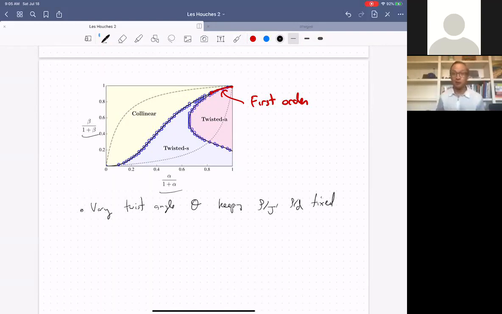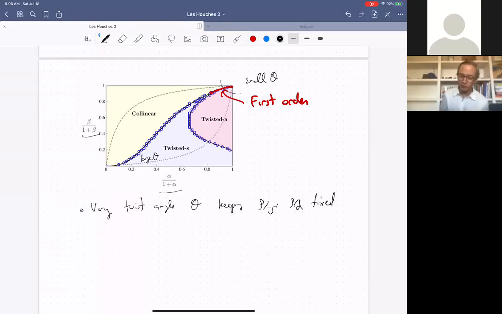That actually corresponds to these dashed trajectories on this plot. They're not straight lines on this plot. On the lower trajectory, this would correspond to large twist angles here. And over here, as we get up here, this is small twist angles. As we decrease the twist angle, we'd go through this twisted S and then to the twisted A phase here.